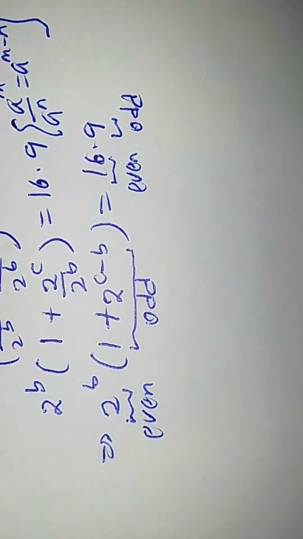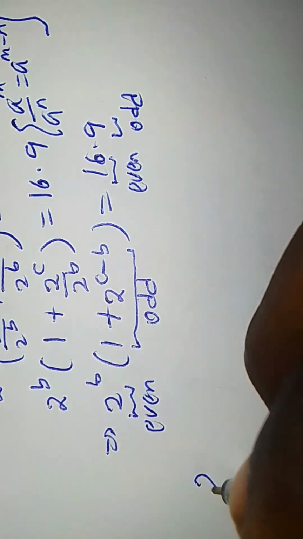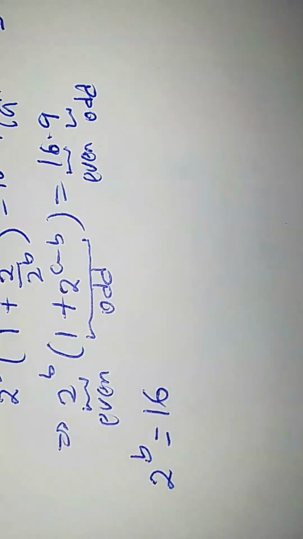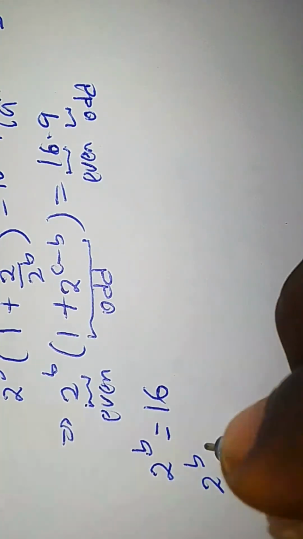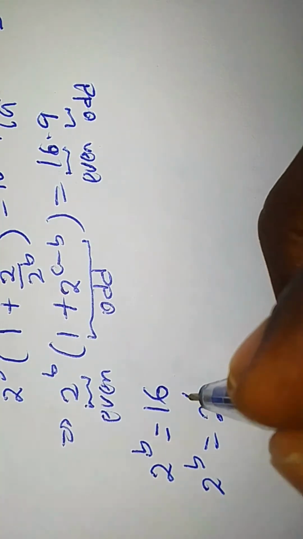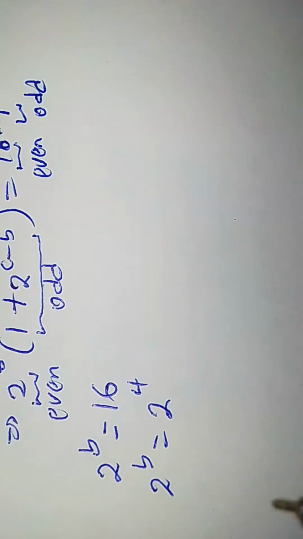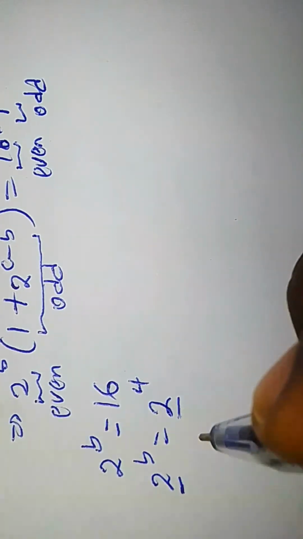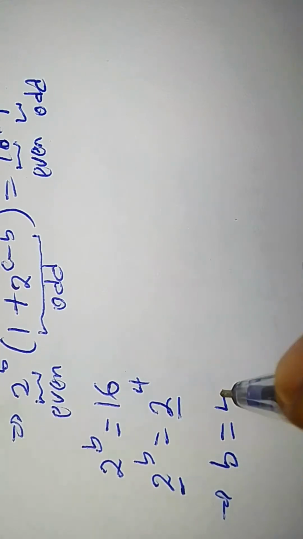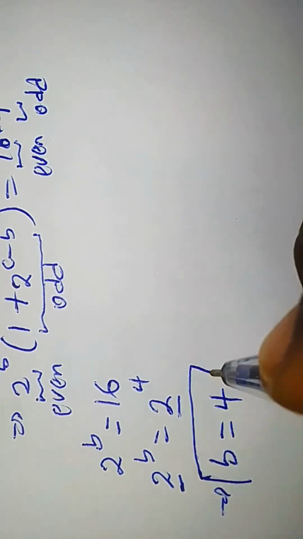So by comparing, we have 2 raised to b equal to 16. 2 raised to b is equal to 16 could be written as 2 to the power of 4. And since the base is the same, this means that b is equal to 4. This is the value of b.